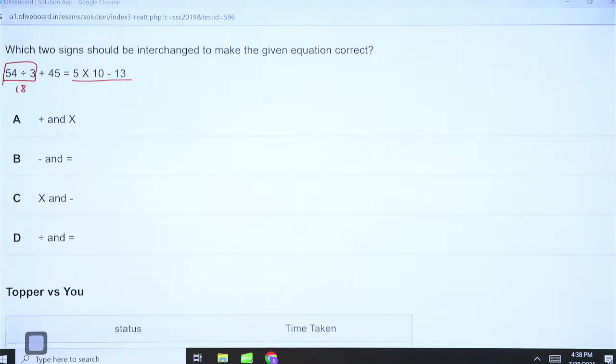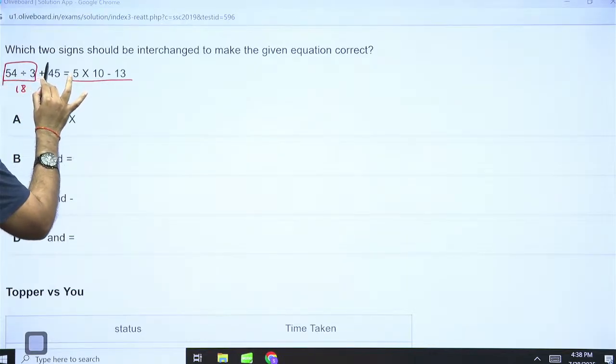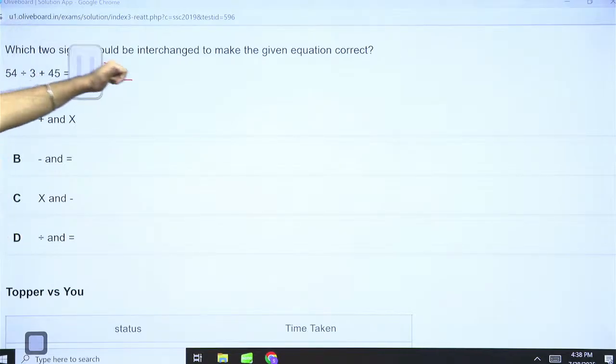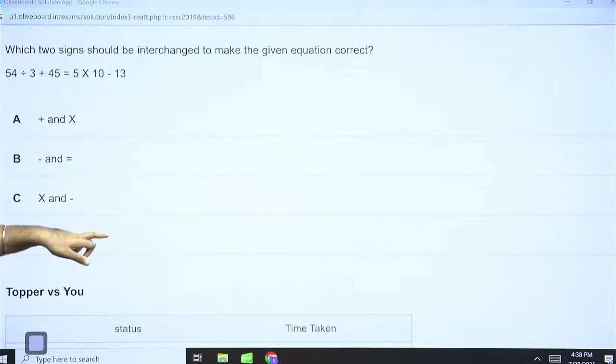If I change divide and equal to only right away, I will get 45 and 5. This will become 9. This will become 9. This will become 90 minus 13 plus 3. Still not this. So this is gone. So division is not changing for sure. So this is 18 only.